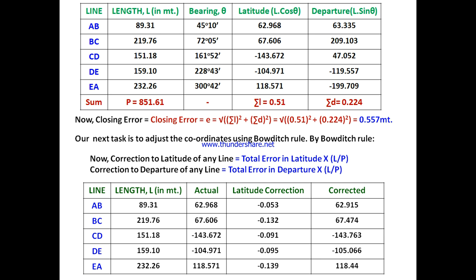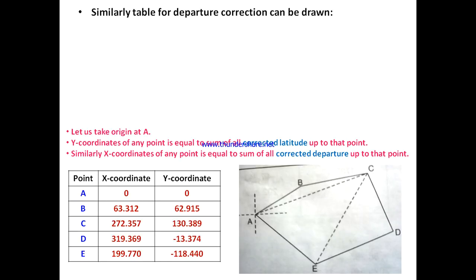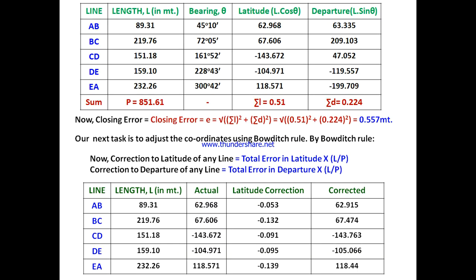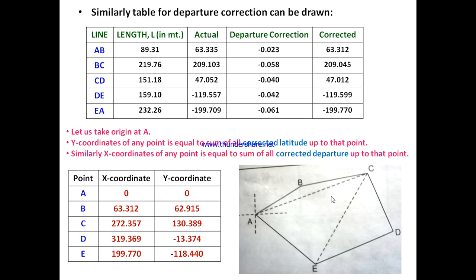The length here is 89.31 divided by 851.61, so the value comes as 0.023.